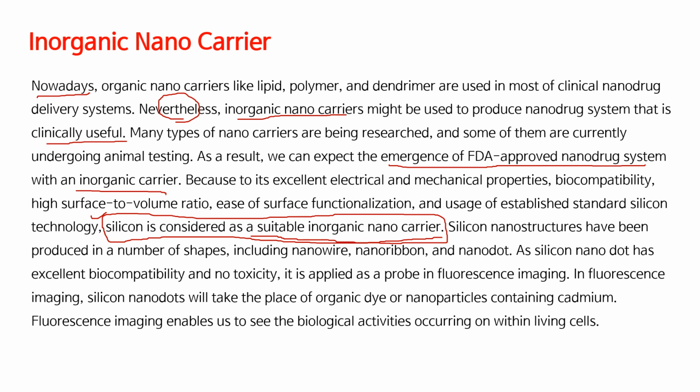Silicon nanostructures have been produced in a number of shapes, including nanowire, nanoribbon, and nanodot. A silicon nanodot has excellent biocompatibility and no toxicity. It is applied as a probe in fluorescence imaging.